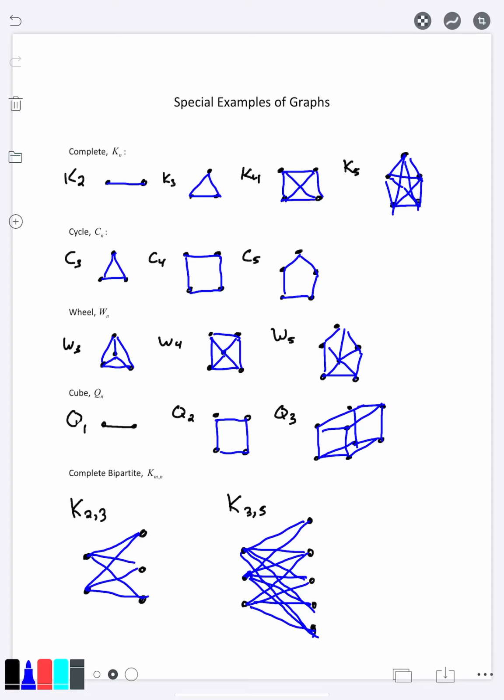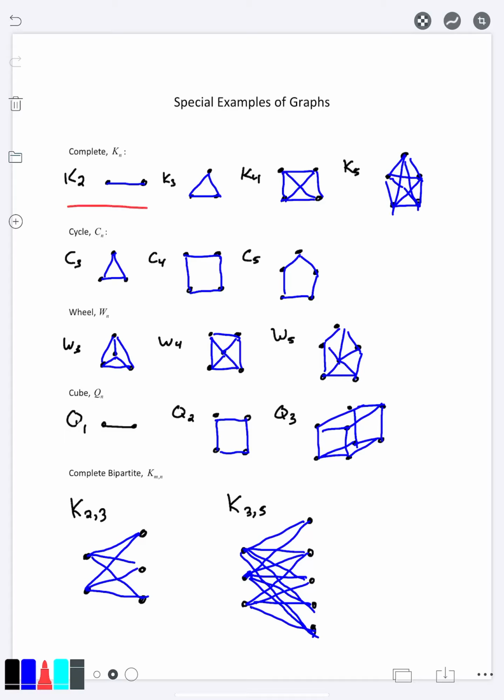Also, I'm not going to list them right here, but you can work out formulas for things like how many vertices are going to be in a given Kn or Cn or Wn. You can work out a formula for how many edges are going to be in a given Kn or Cn or Wn. You can work out a formula for degrees of vertices. There's lots of formulas you could figure out for these graphs. I'll give you one of them.